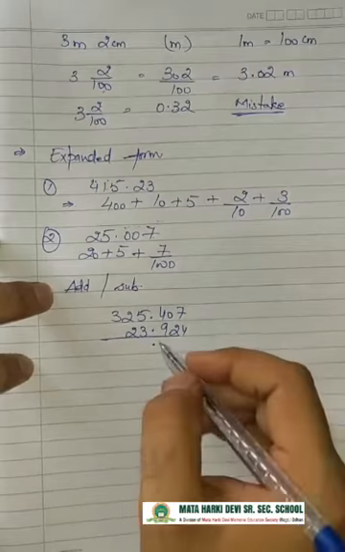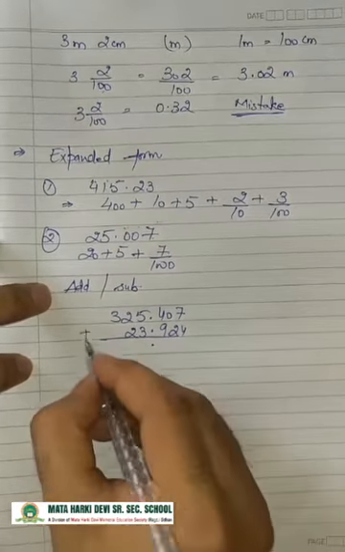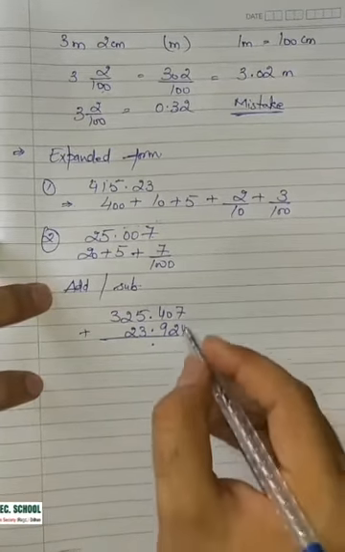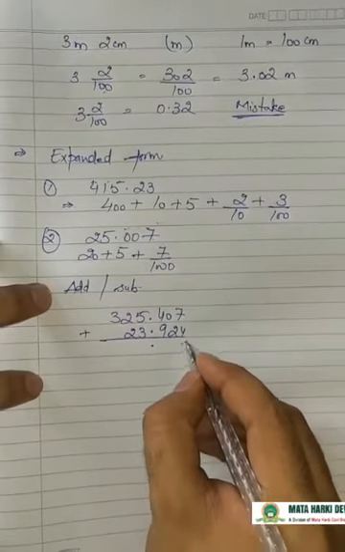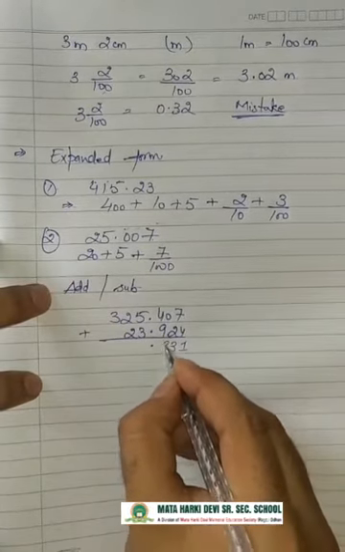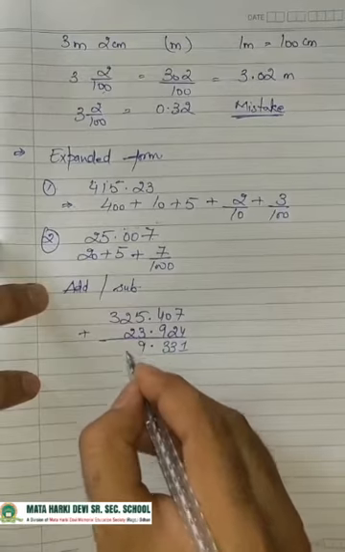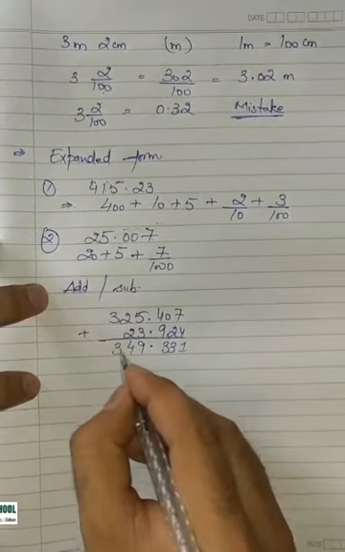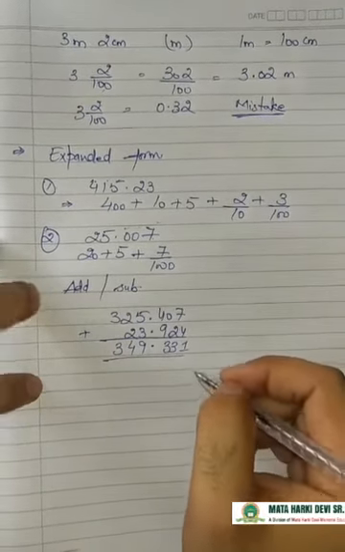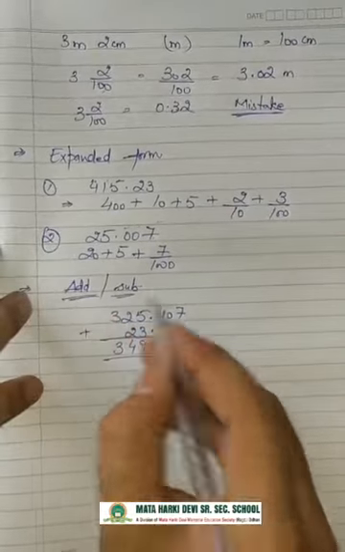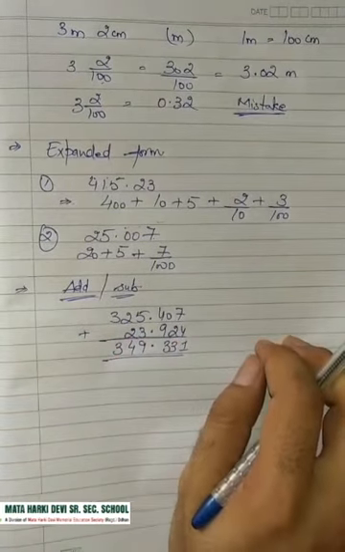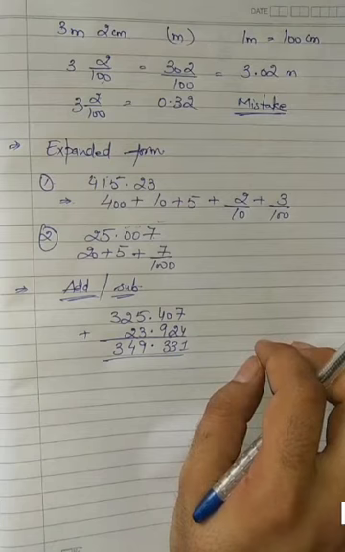So the rest is the same. If you want to add these numbers, for example, the answer will be this. Okay, I hope you understood all these things about addition and subtraction of the decimals. Thank you.